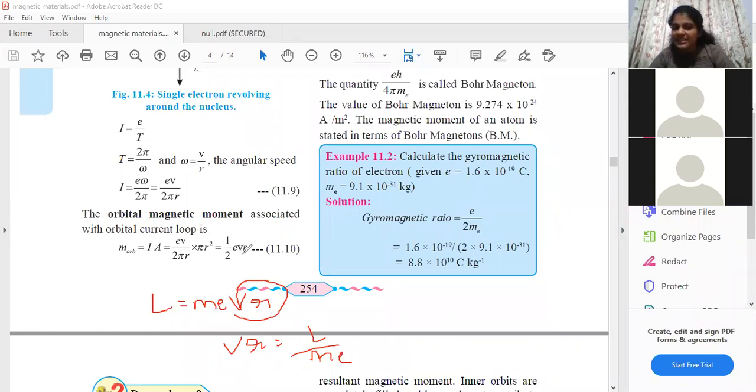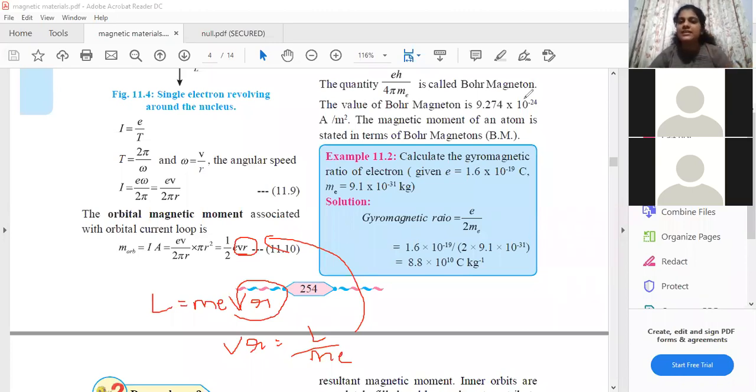Now students, you all can see this magnetic dipole formula. This is nothing but evr by 2, right? So instead of this vr, I can substitute this L by m_e. So what will my formula become? We'll see it in the next part, but I hope you all have noted this down.